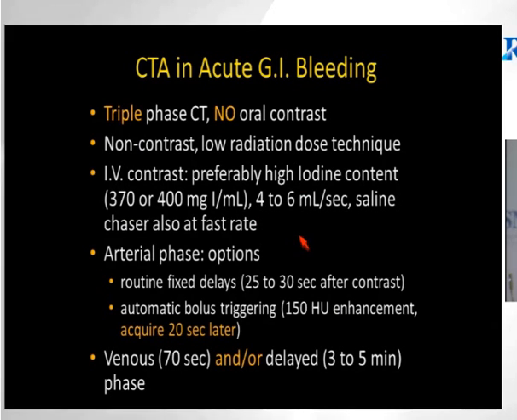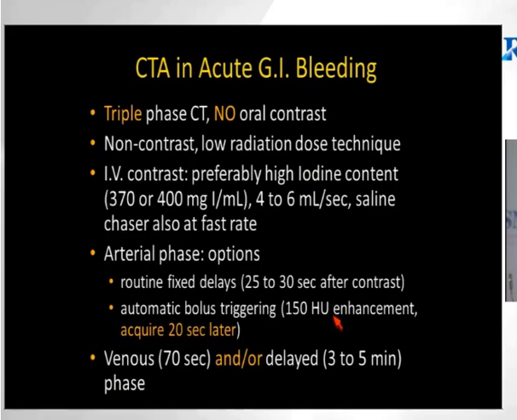And then after the non-contrast phase, we acquire two phases. The first one being an arterial phase. We prefer using bolus triggering techniques timed to when the enhancement reaches 150 Hounsfield units in the abdominal aorta, but we don't start the acquisition at that point, but wait 10, 15, or up to 20 seconds because we're not really so much interested in the vessels themselves, but what's happening in the lumen of the bowel.